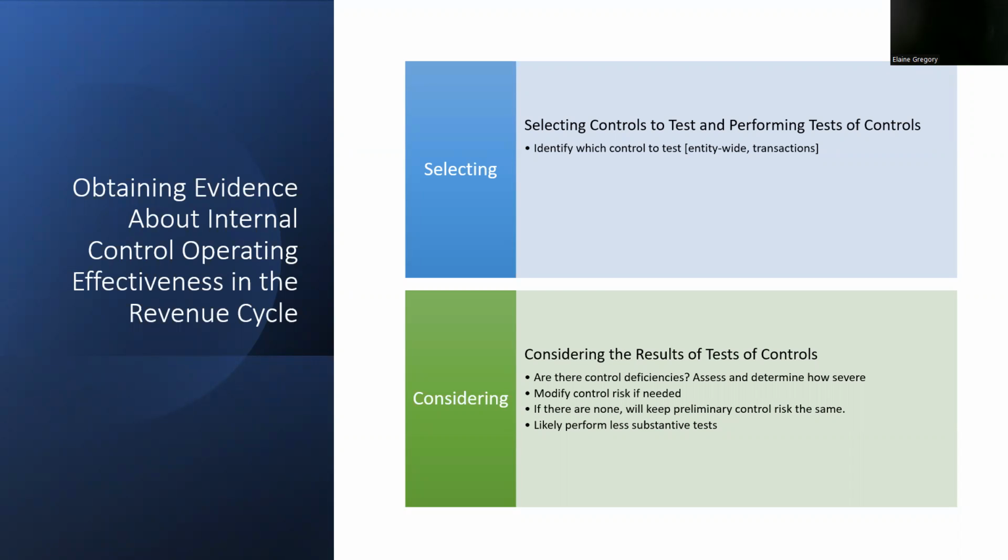Was it just one control, one deficiency that was fairly minor? Or was it a large deficiency or multiple deficiencies? You might have to modify that control risk if needed. If there are none, we would keep our preliminary control risks that we talked about in part one about the same. And again, because our confidence level is high, we probably have to perform fewer substantive tests.